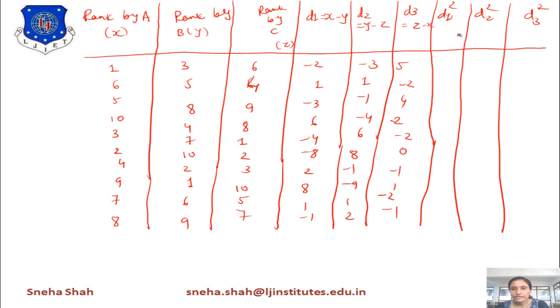Now if I take the square of this, minus 2 square means 4. Likewise, I will find all the other values. Next, D2 square, it means minus 3 square is 9, 1 square is 1, minus 1 square is 1.